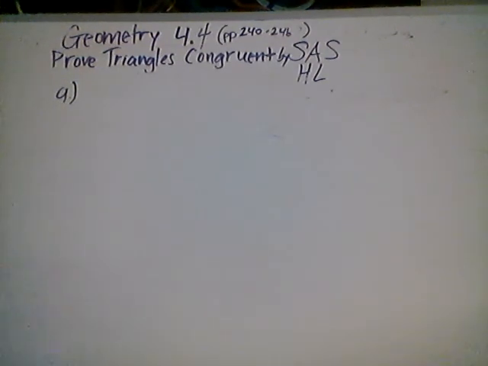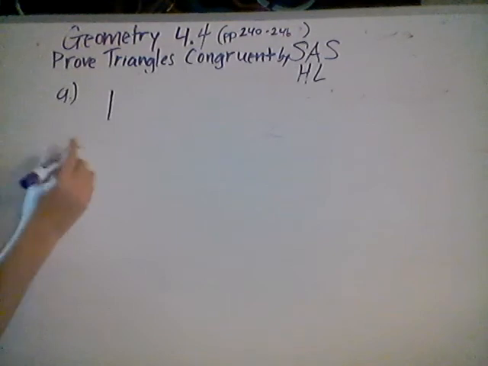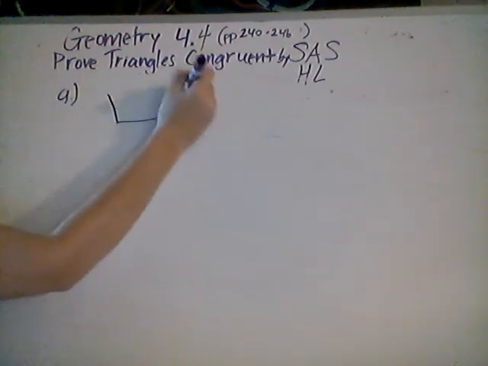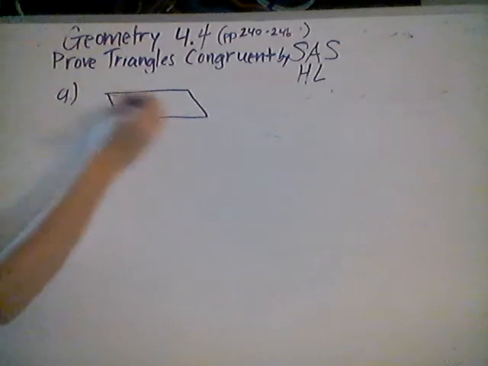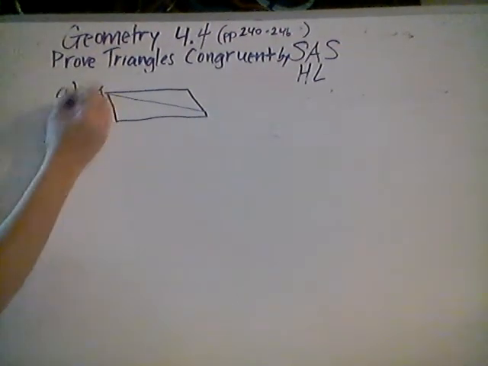Number 9: decide whether enough information is given to prove that the triangles are congruent using the SAS congruence postulate. So we have to use the side, angle, side postulate. Our figure is another parallelogram, and it's divided into two triangles.